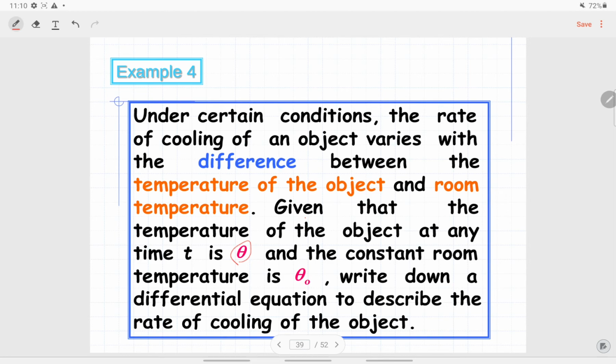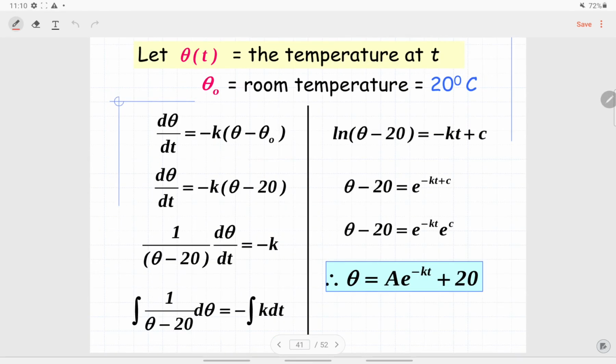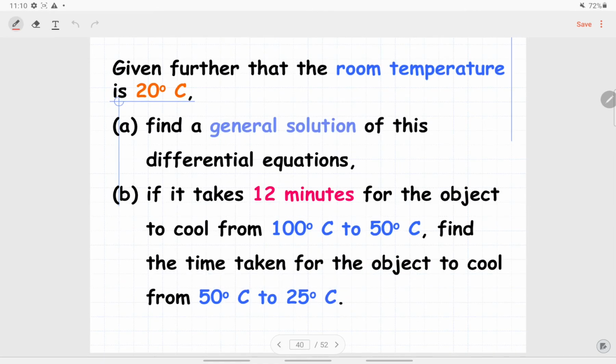Write down a differential equation to describe the rate of cooling of the object. So rate of cooling means that it will decrease the temperature, right? So if it is decreased, means that it will be negative. Given further information that the room temperature is 20 degrees Celsius, find a general solution of this differential equation.